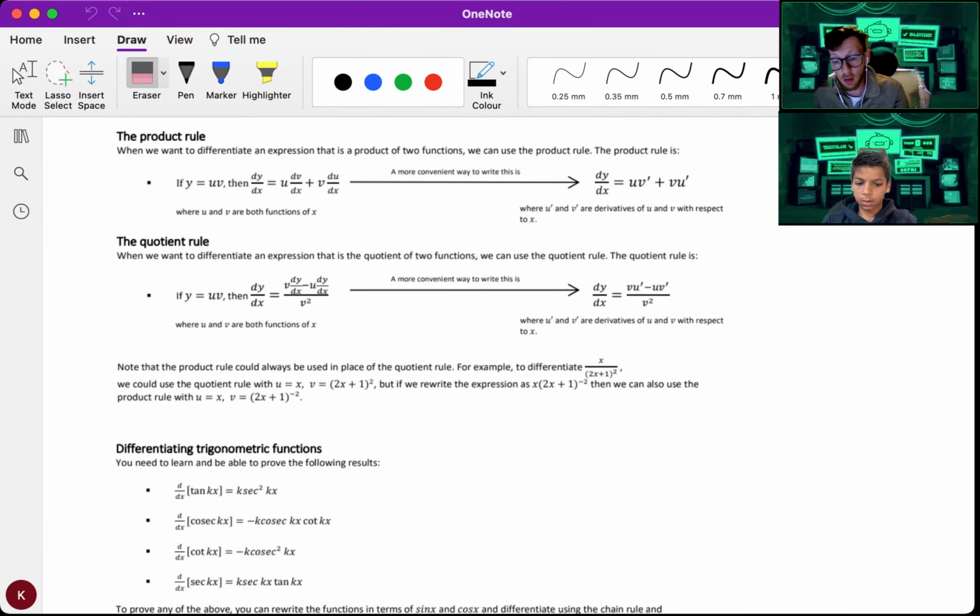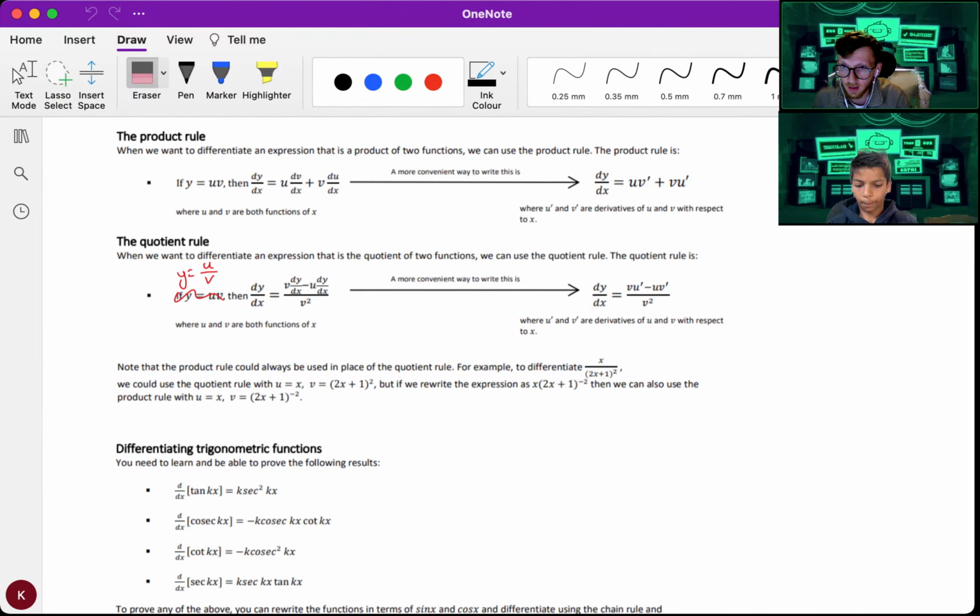Yeah, brilliant. So in the product rule, it doesn't matter which function you call u and which you call v. The quotient rule is, if y equals u over v, so u over v is our quotient, meaning division, then dy/dx is v du/dx minus u dv/dx over v squared, or v u prime minus u v prime all over v squared.